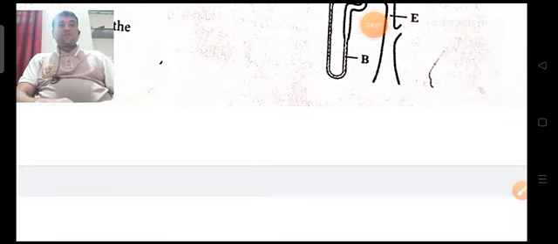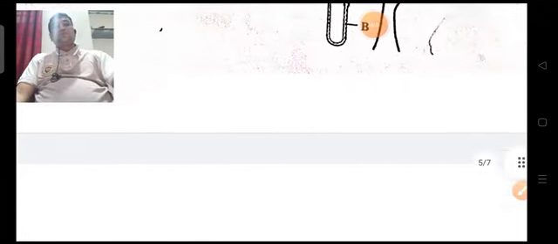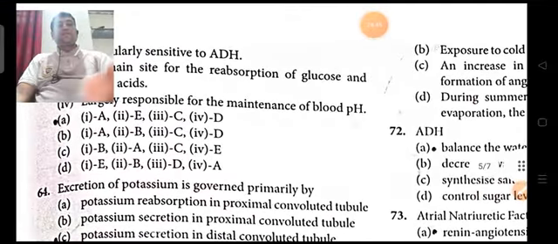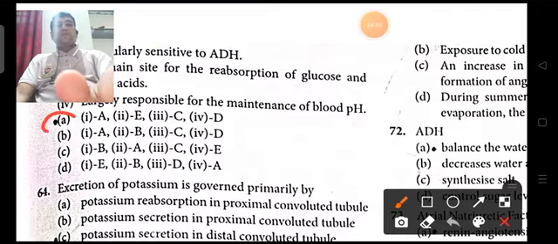And the fourth one is the distal convoluted tubule, which is largely responsible for maintenance of blood pH. So here we can go with option A.